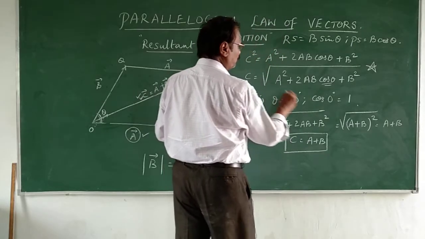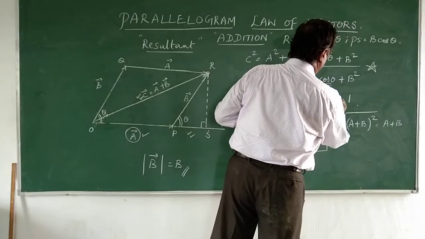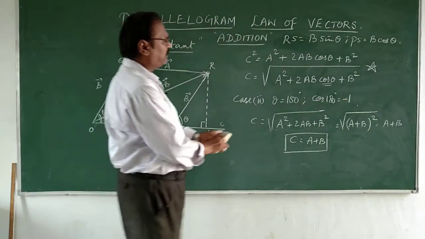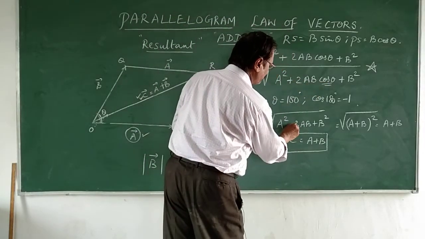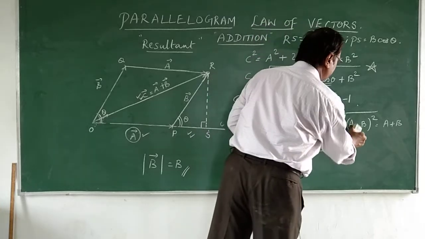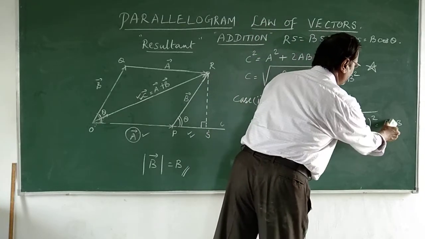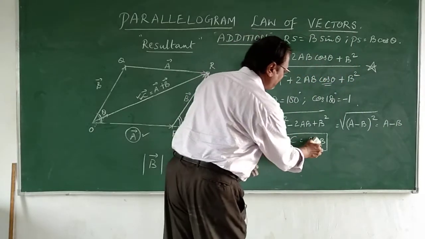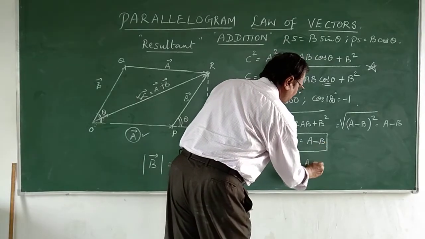This is case 2, and cos 180 degree is equal to minus 1. If cos theta has become minus 1, instead of plus, we will put a minus sign here, and instead of plus, this will become minus, and a minus b the whole square will become simply a minus b. So your formula will be a minus b, or the difference of a and b.